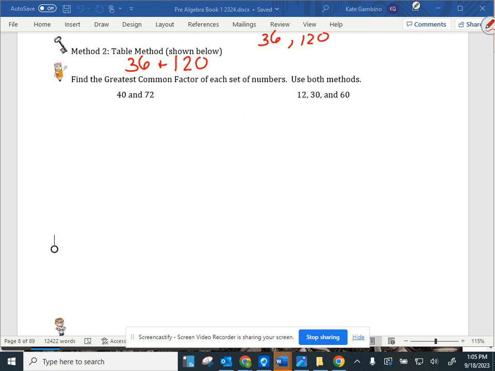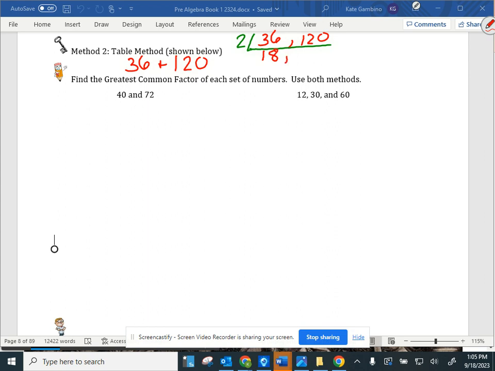I can take a 2 out of both of those. If I take a 2 out of 36, how many is left? What's its factor buddy? Grace? Matthew? 18.